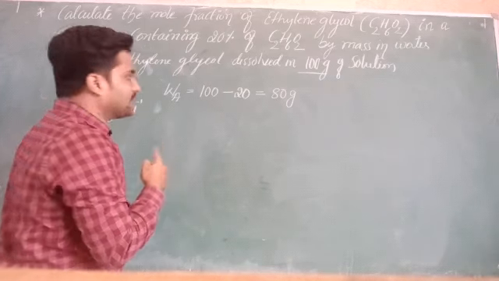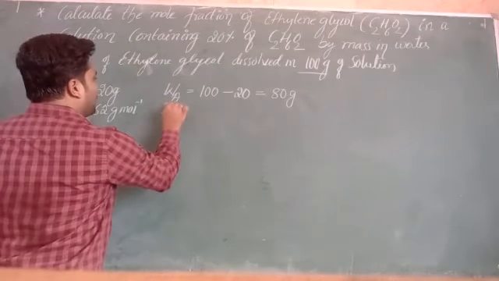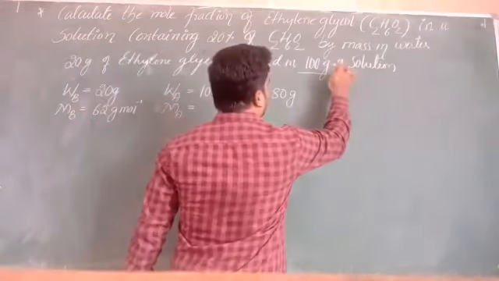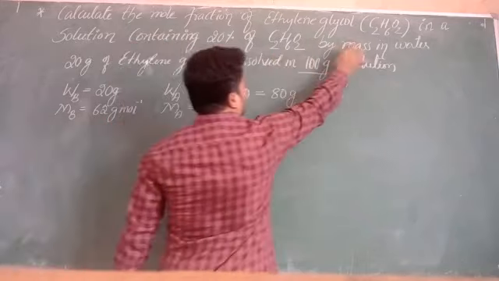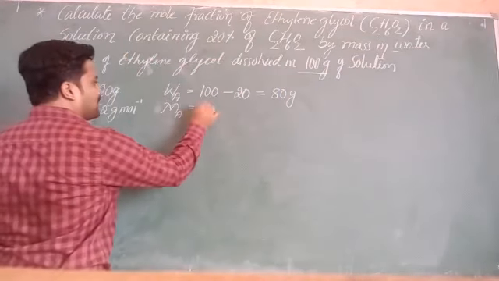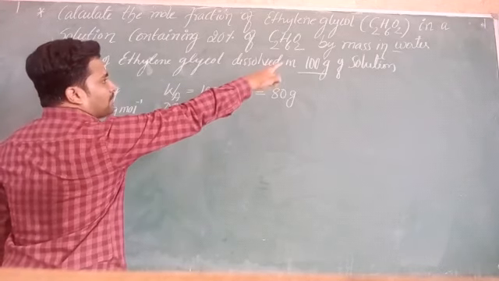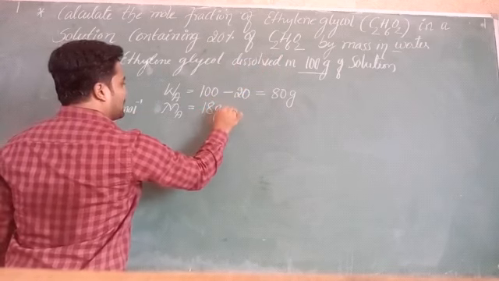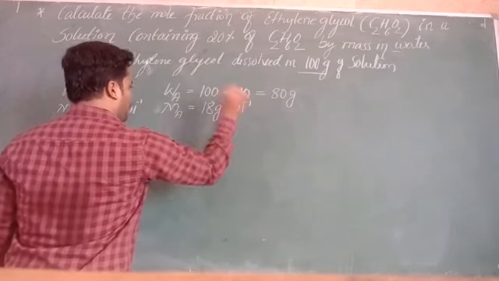Not a problem. Right. So now Ma, that is the molar mass of solvent. Here the solvent is water, that means hydrogen H2 plus oxygen 16, plus 2, 18 gram per mole.